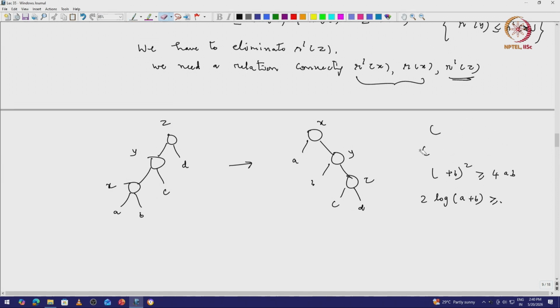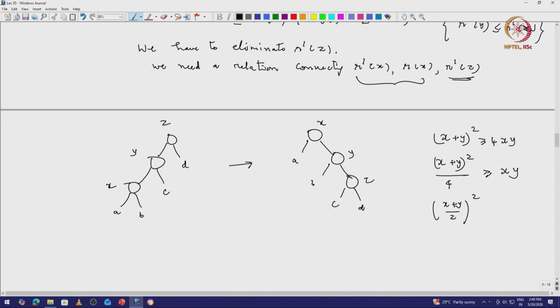x plus y whole square is greater than or equal to 4xy. Therefore x plus y square by 4 is greater than or equal to xy, which is the same as x plus y by 2 square is greater than or equal to xy.